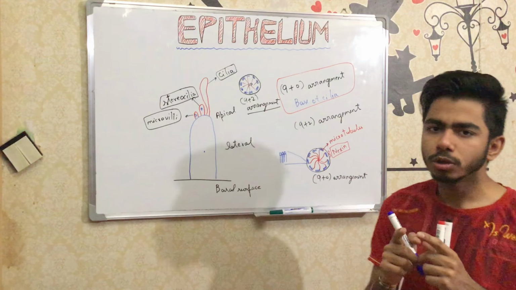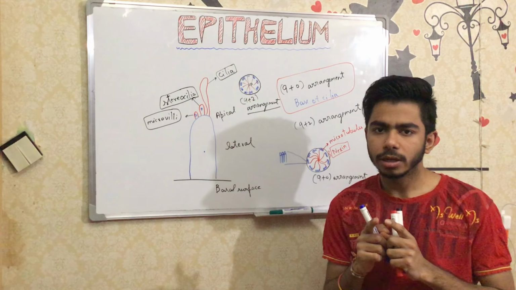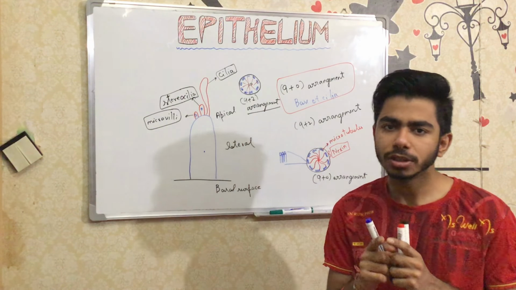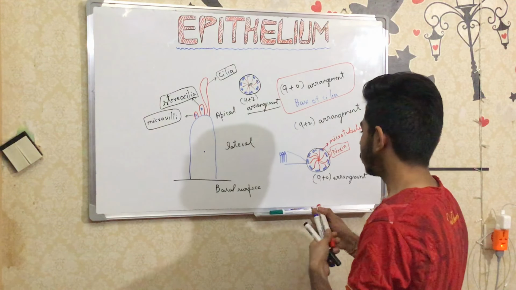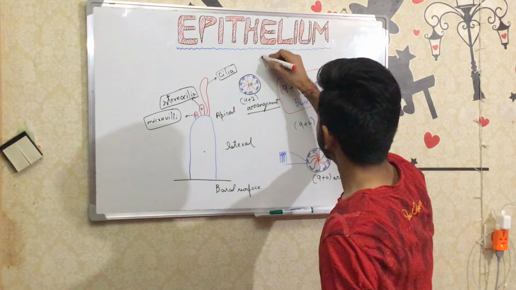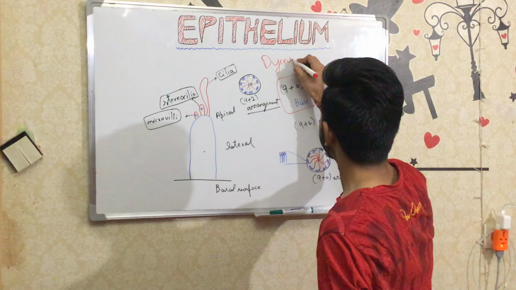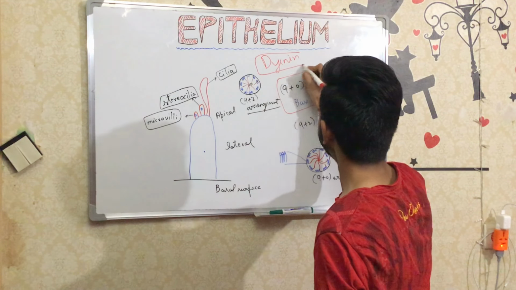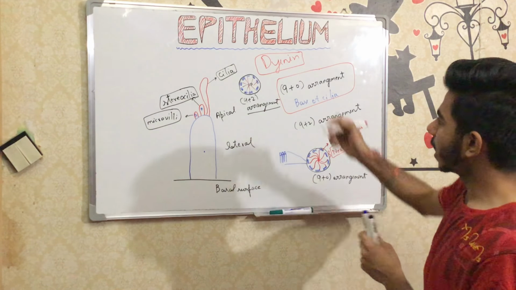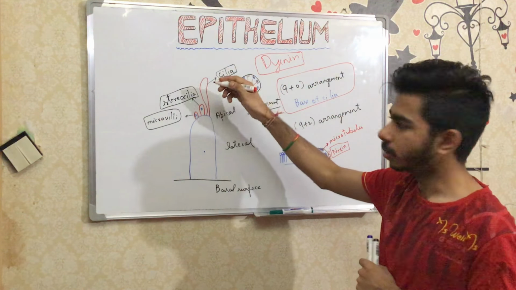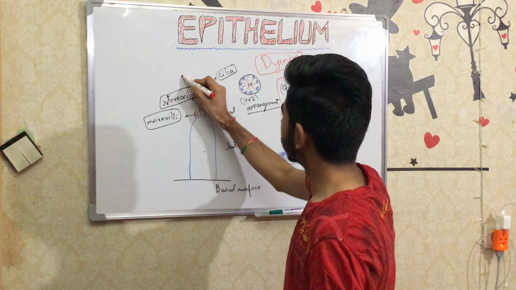And there is one more molecule which is very important, which helps in the motility of cilia. What is that structure? Actually, dynein. The dynein molecule. What does dynein do? Dynein is responsible for the moving of the cilia.